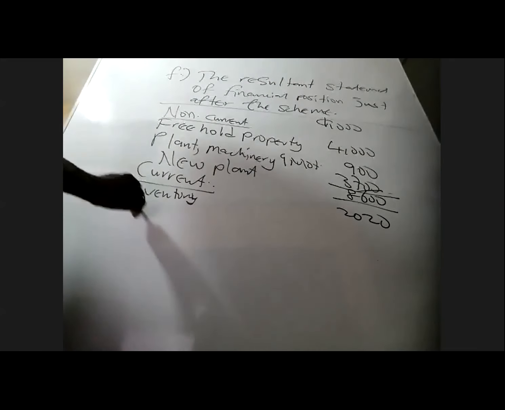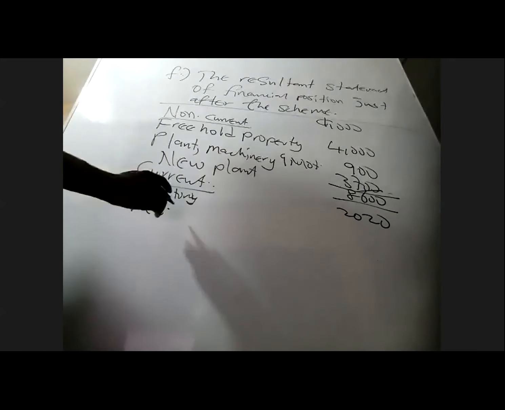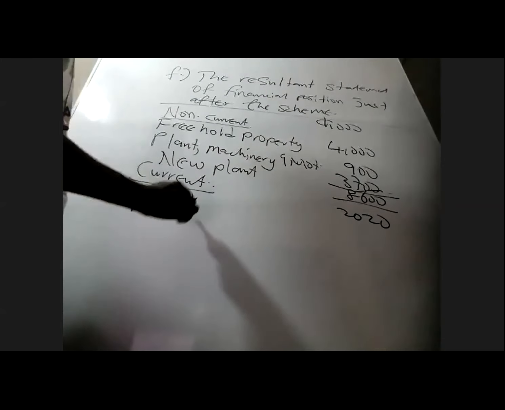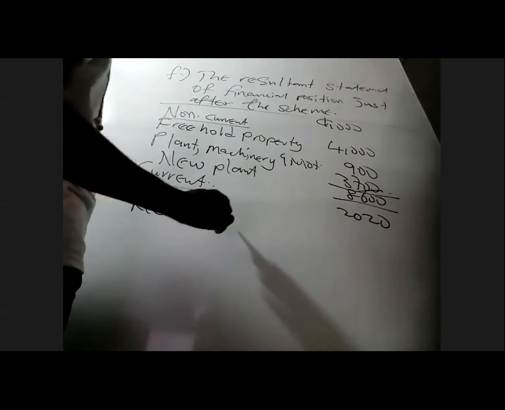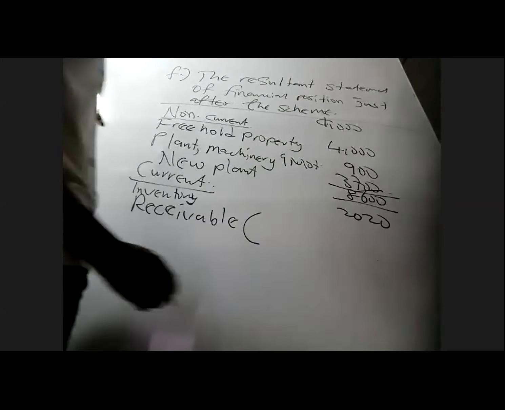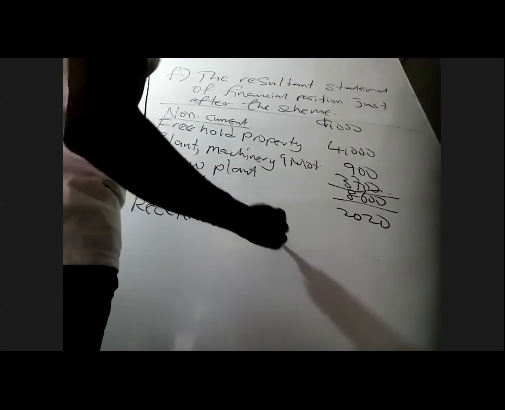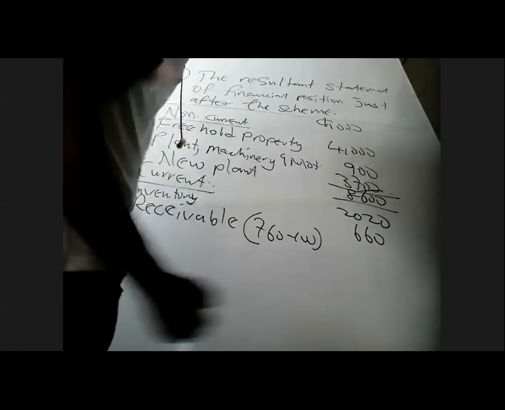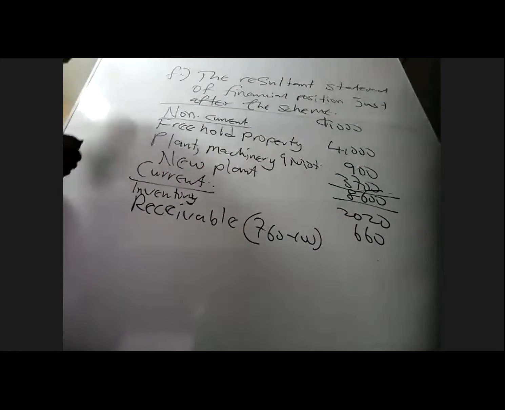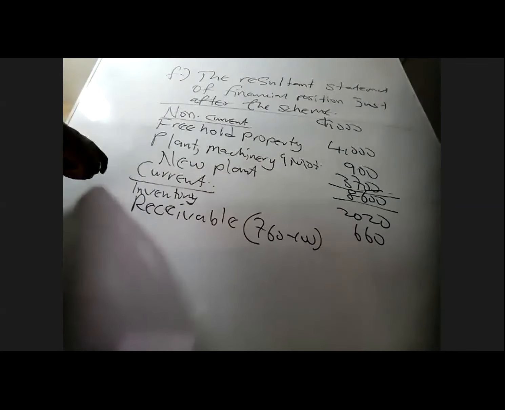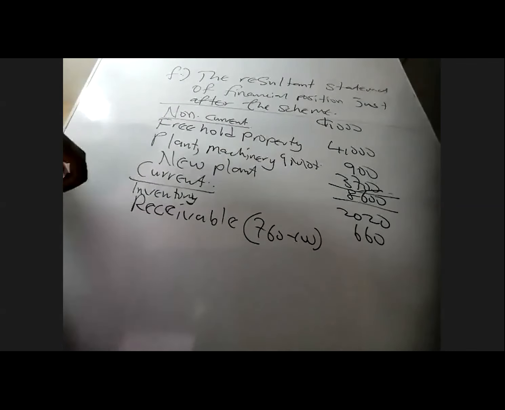And then receivables, accounts receivable. With receivables, we said that a debt of 100,000 should be written off. So 760 less 100. You get 660, right? Good.